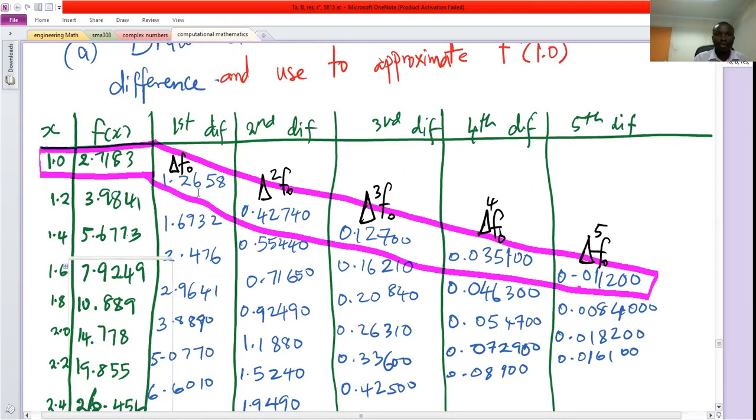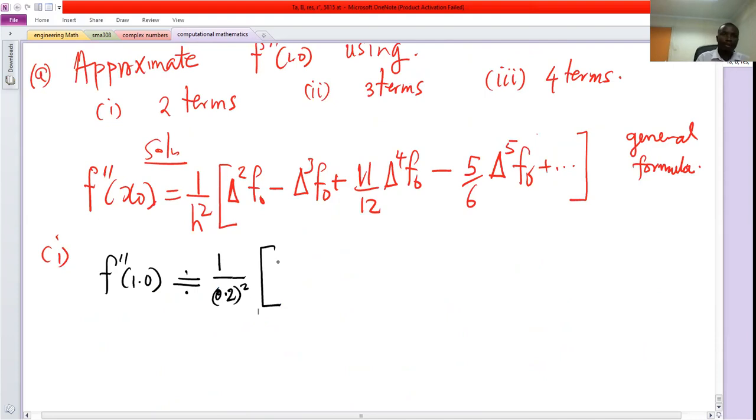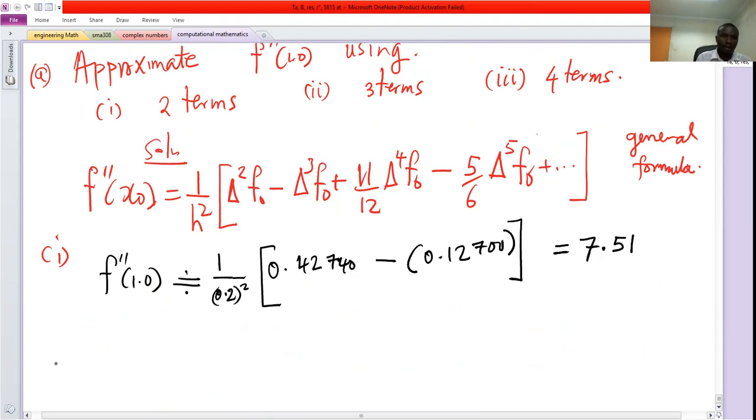So you don't pick 1.2658, because that is the first difference. This is the value that you pick, 0.42740. So I'll have 0.42740 minus the third difference, 0.12700. These are the only two terms, so we stop at this point. When you work this out, you'll get 7.51.